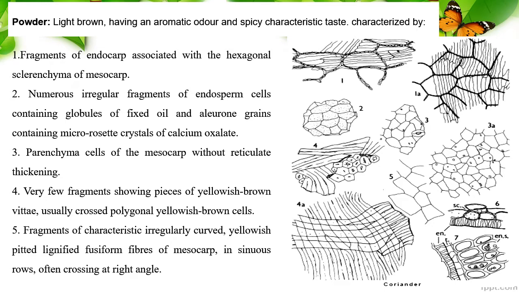Parenchyma cells of the mesocarp without reticulated parenchyma, with absence of reticulated thickening as in fennel. Few fragments showing pieces of vittae, and fragments of curved yellowish pitted lignified fusiform fibers of the mesocarp, in sinuous rows crossing each other at right angles.